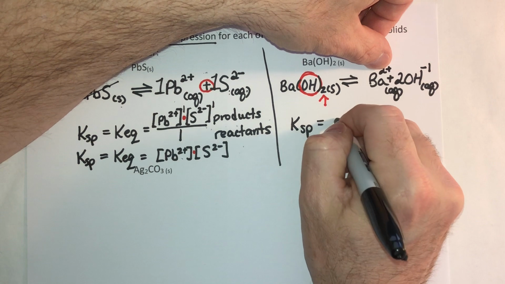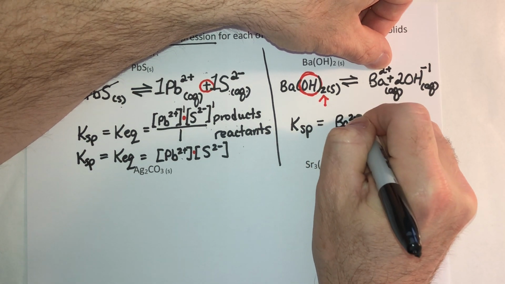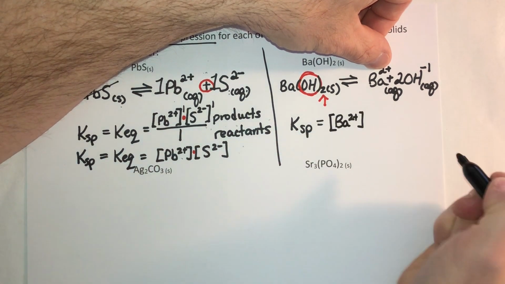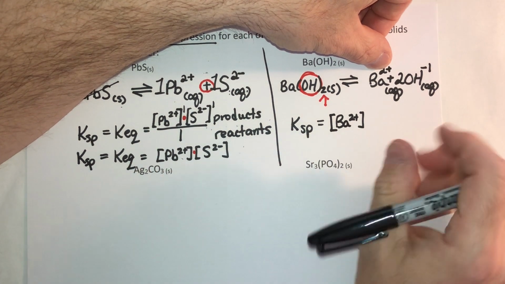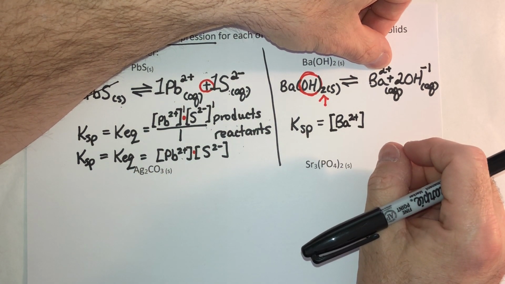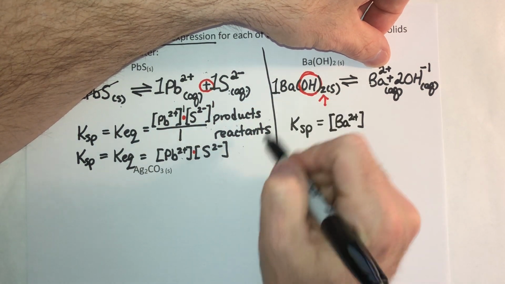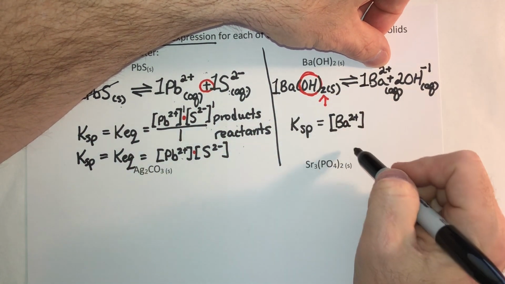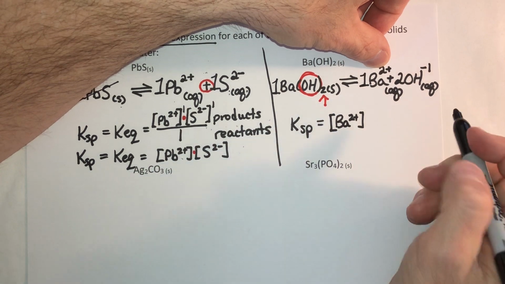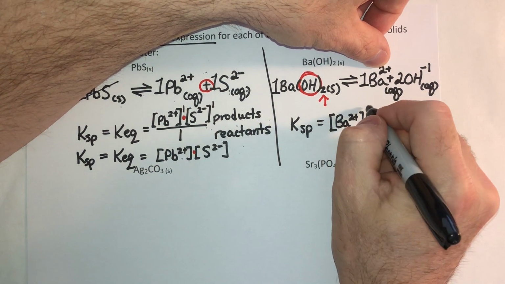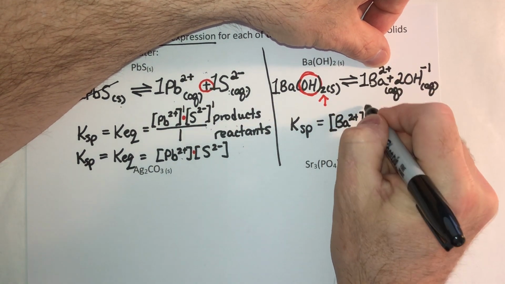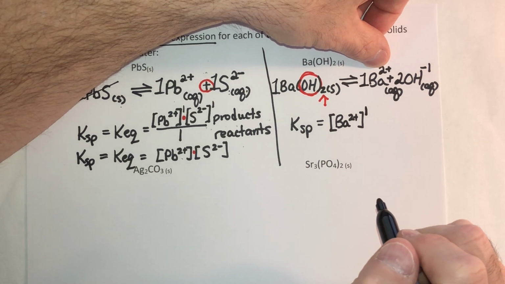So my first product is barium 2+. I put square brackets around it to emphasize the fact that it's a concentration. And when I balance this equation, I talked about having one of those and one of those, right? If you don't have a number in front, it's a 1. So this would be barium 2+, and because there's one of them, I'm going to go power of 1.